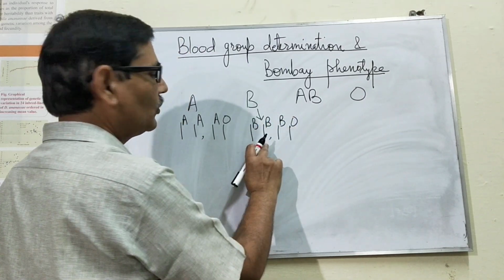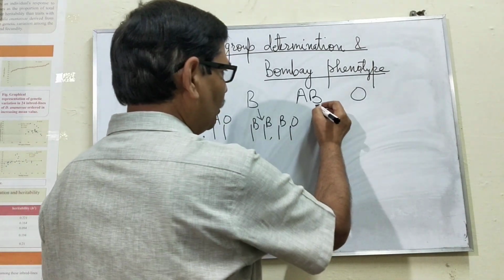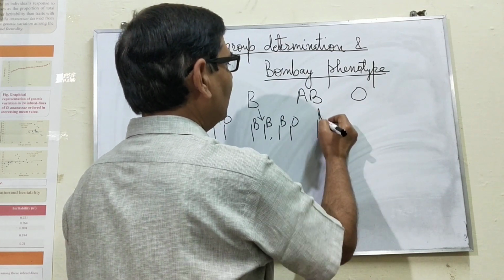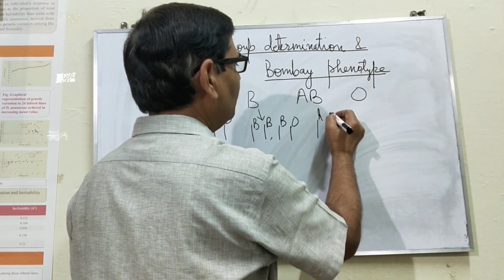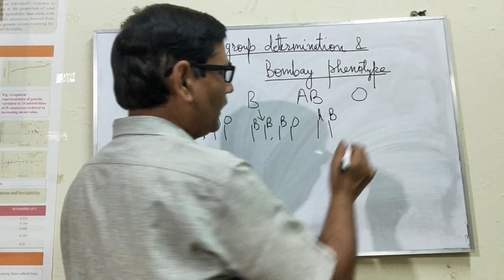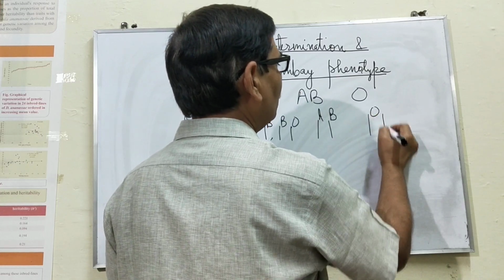So they can also be homozygous or heterozygous. Individuals with AB blood group, their genotype will be IA IB. So they possess both alleles. And those whose blood group is O, their genotype is IO IO.